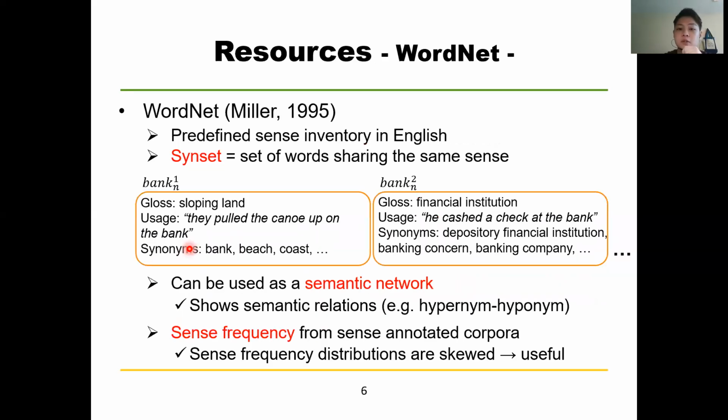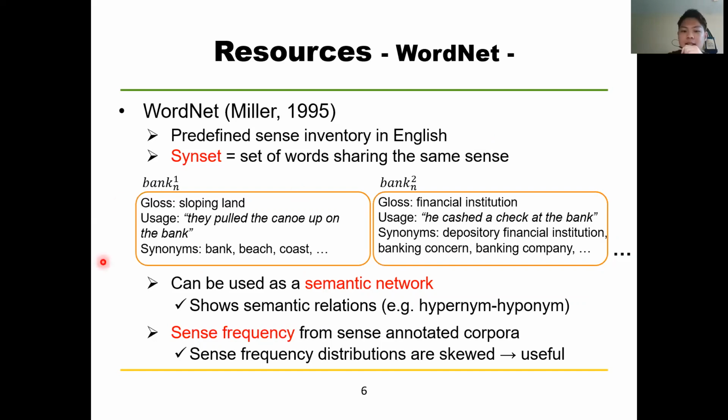Before going to our methods, I'd like to briefly introduce some important resources for WSD. The first resource is WordNet, which is a predefined sense inventory in English. Most WSD evaluation data sets are based on the word senses defined in WordNet. WordNet also has a specific structure called a synset, which is a set of words sharing the same sense.